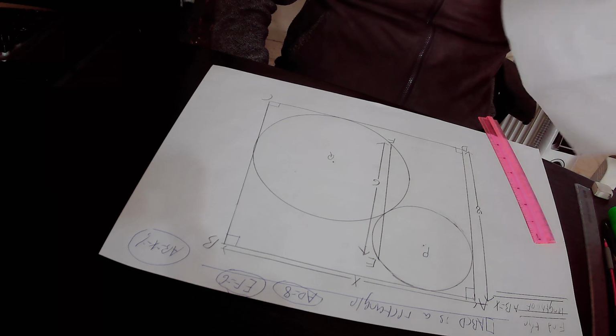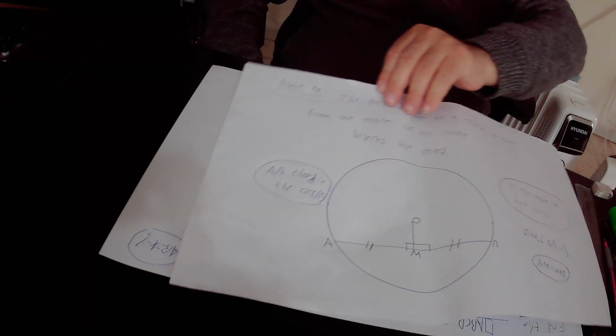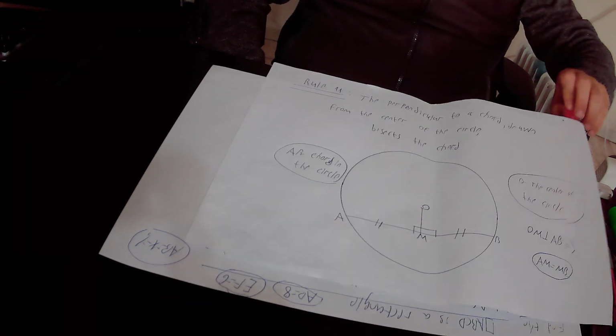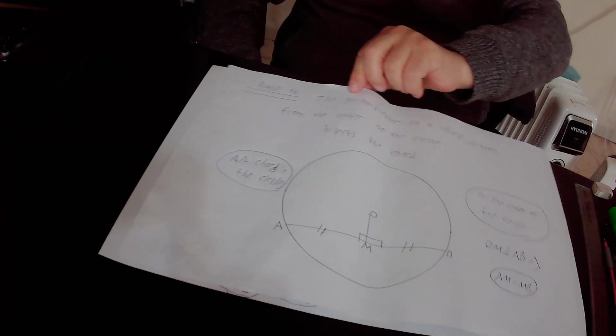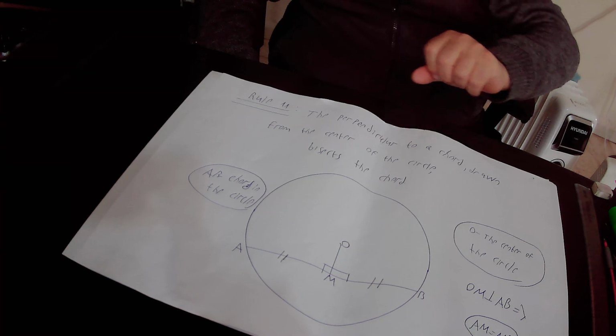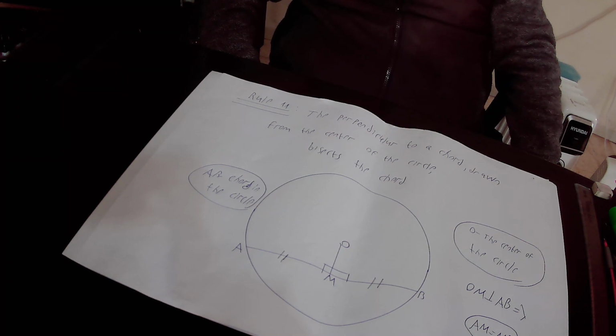The new rule is rule 11. According to rule 11, the perpendicular to a chord from the center of the circle bisects the chord.